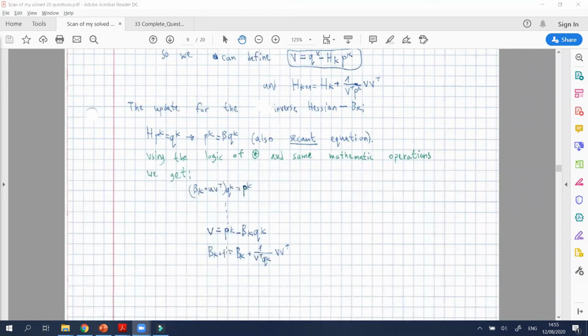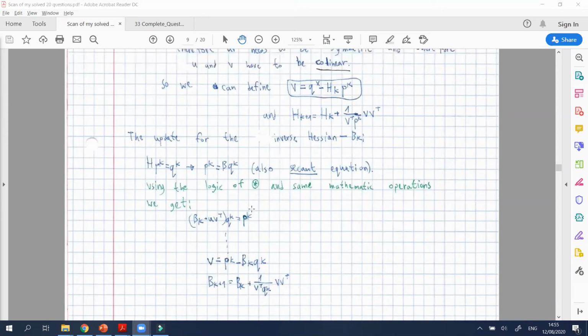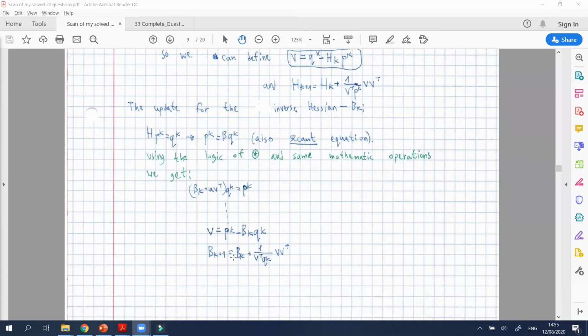So using this logic, the secant equation development we have used, we'll get this equation, and in the end, we'll get that BK. You could follow this, it's pretty easy, and I didn't even write it all because it's just the same thing, but we'll get BK plus 1 equal to BK plus 1 divided by V transpose QK times V V transpose.